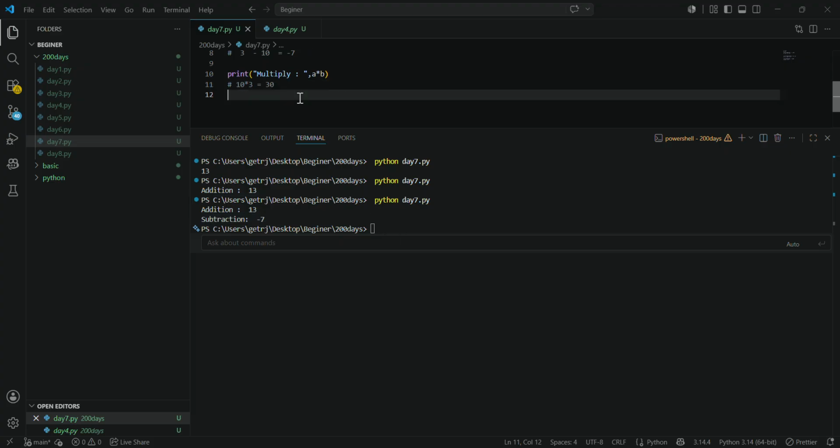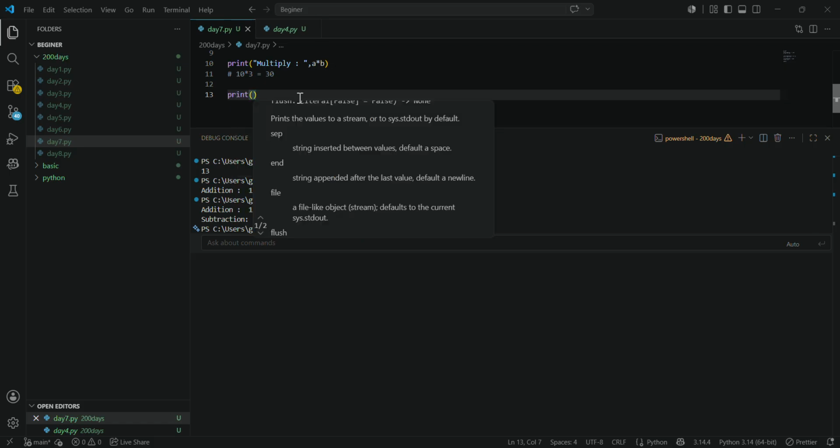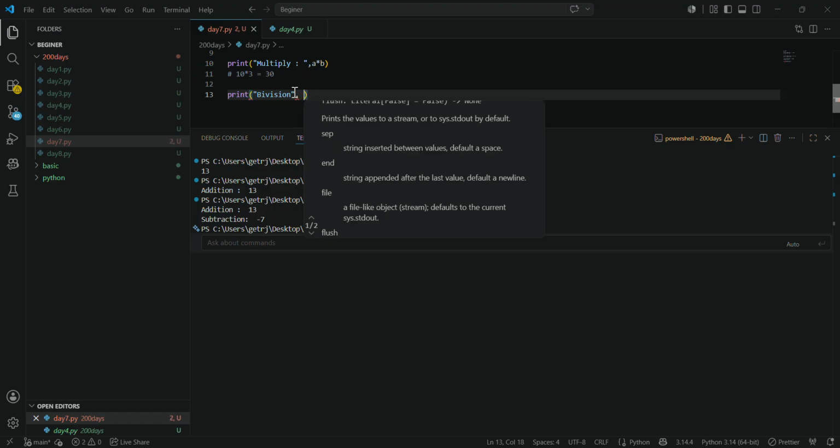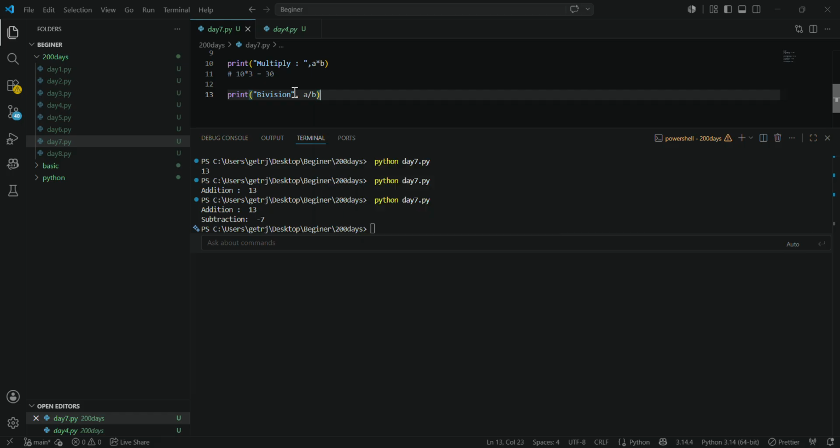Now we will check some other methods, like division. Print a divided by b.